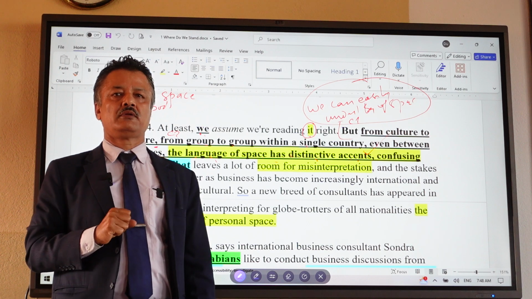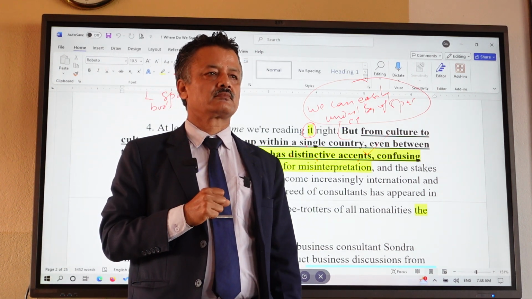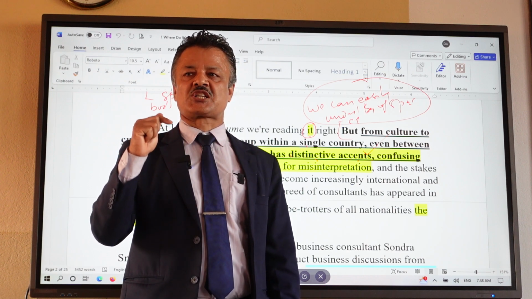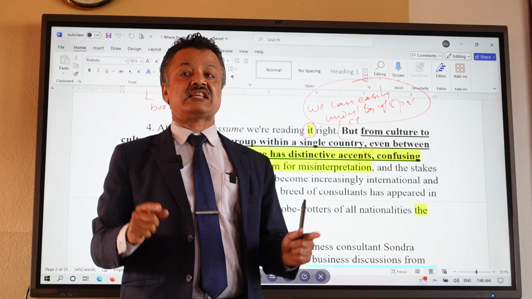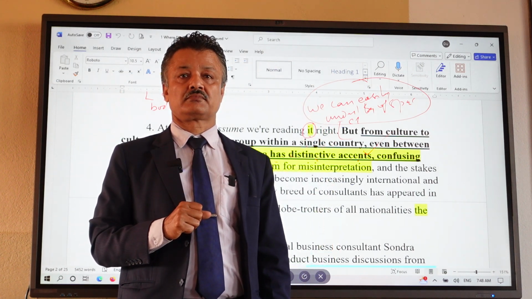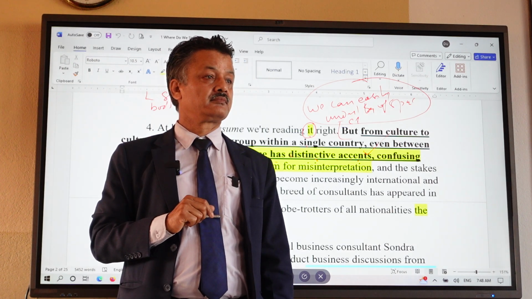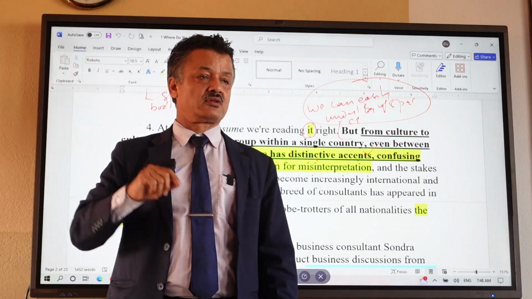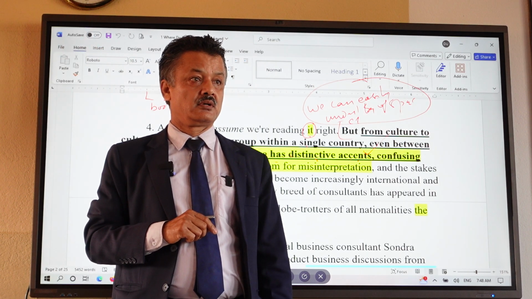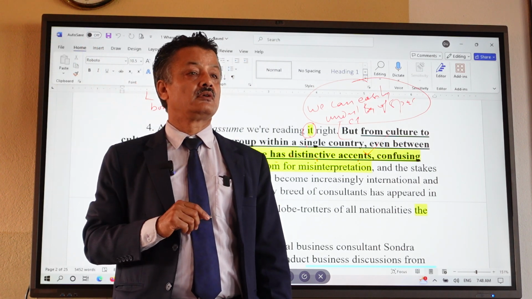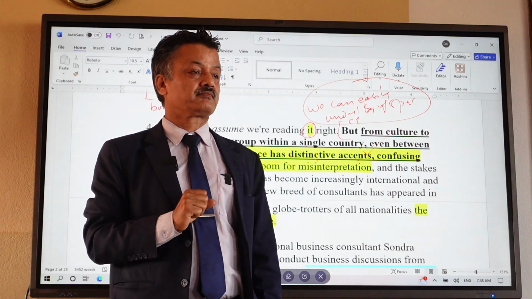No two people belonging to two different cultures use space in a similar way. Even inside of one country, different communities, different regions, different ethnicities, different groups use space differently.